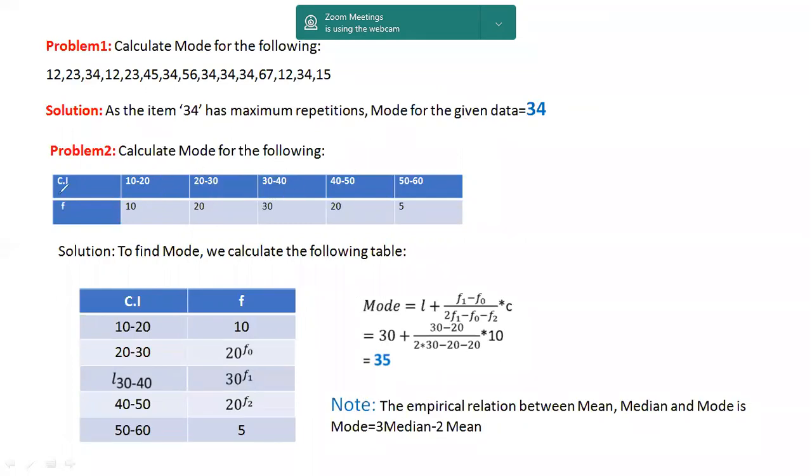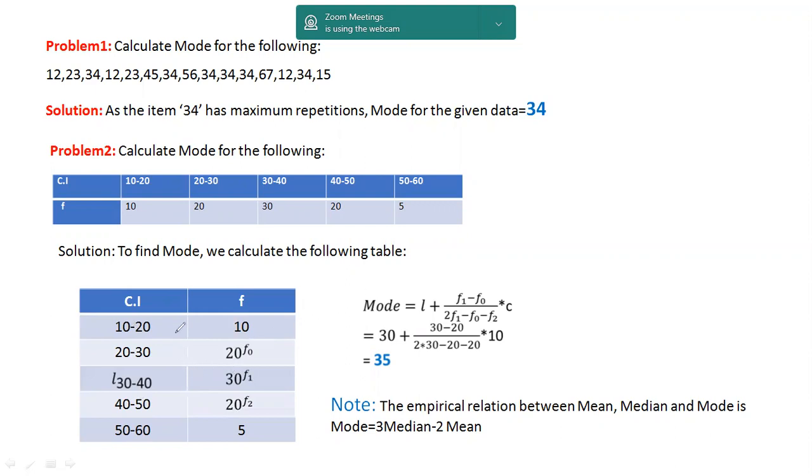For the mode of this class interval data, the class intervals are provided, 10 to 20, 20 to 30, and the respective frequencies are provided. Here we have to take the middle class interval, whose value is 30.